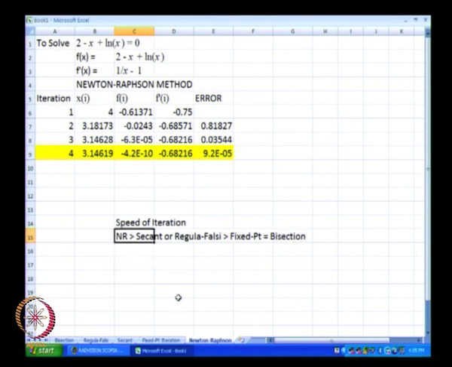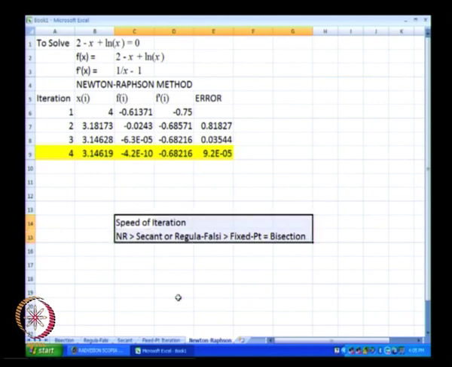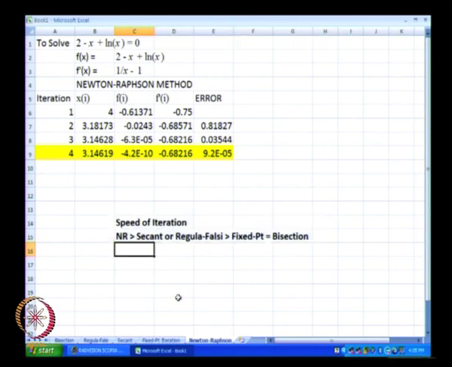We will cover this aspect later on in our lectures, that this is what the speed of iteration follows. Newton-Raphson is better than the secant method, which is better than the fixed point iteration method in the various open methods.